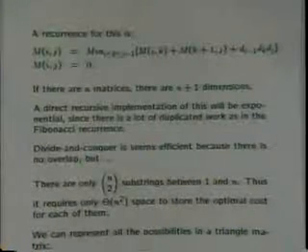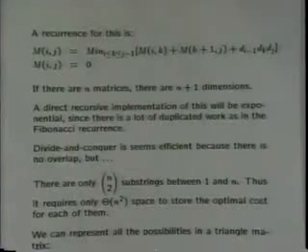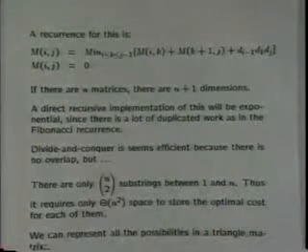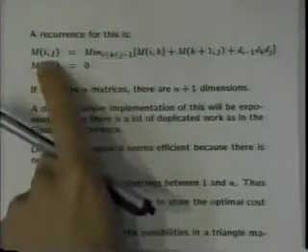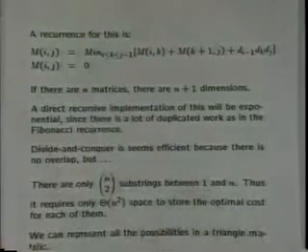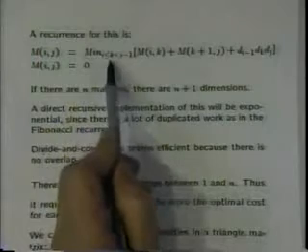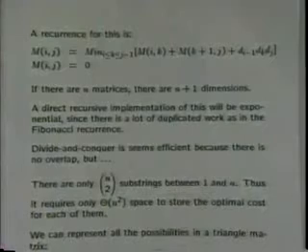My claim was that a correct recurrence relation to compute the cheapest way to compute the optimal matrix product for the run of matrices from i to j is as follows. We have n matrices: matrix 1, matrix 2, through matrix n. To compute the cost of multiplying the ith through the jth matrix, what we know is that somewhere between i and j, there's going to have to be an outermost multiplication sign.